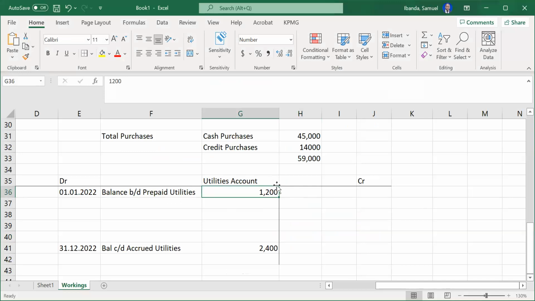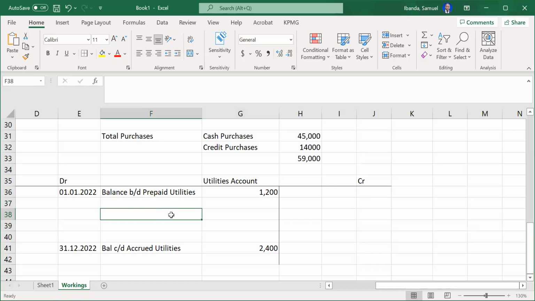Okay. If you have prepaid 1,200, just like the way we were doing for control ledgers, you're going to ask yourself what will increase what I've paid and what will reduce what I've paid. What will increase is more payment, the payment that was made.